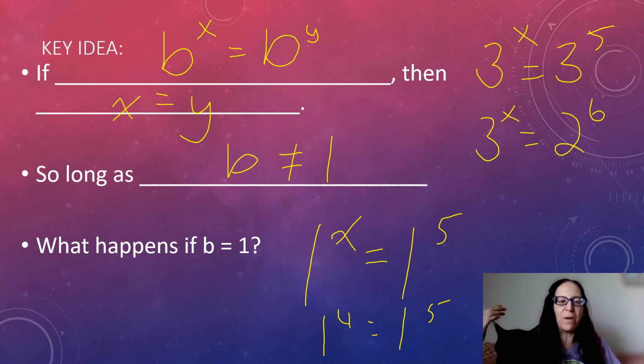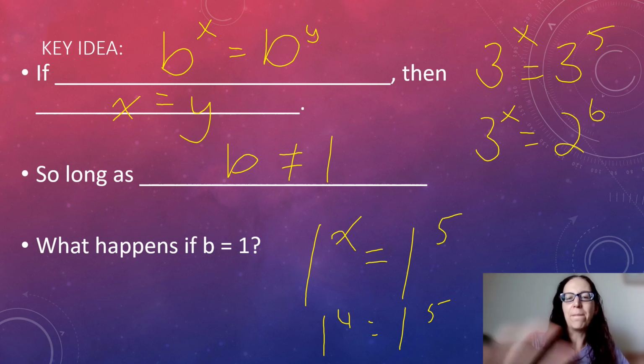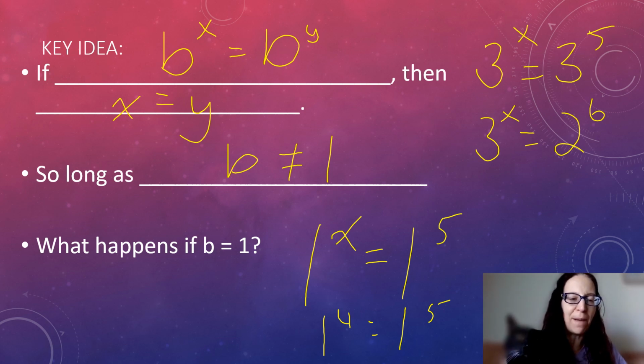And we could probably apply the same thing to 0 here. The thing that I wrote said that b had to be greater than 0, but not equal to 1. I left that part out because with negative numbers you could reason your way around it, but the same thing would happen if you had 0, like 0 to the 4th would be equal to 0 to the 5th.